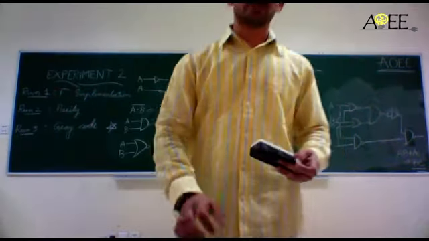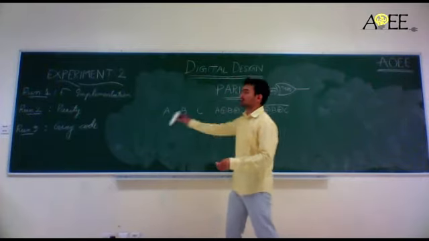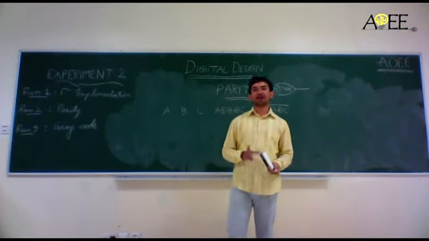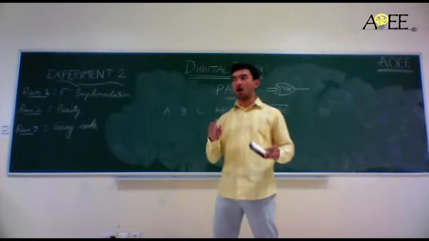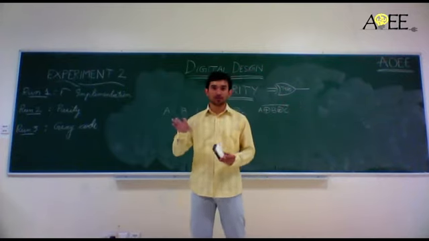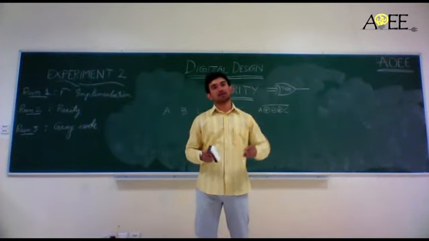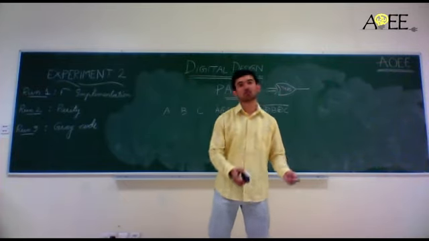So next we come to parity. Okay. The next topic is about parity. Parity includes two types: odd parity and even parity. What does it mean exactly? Odd parity means that if the set of inputs given has an odd number of ones, or an odd number of highs, then the output is high.